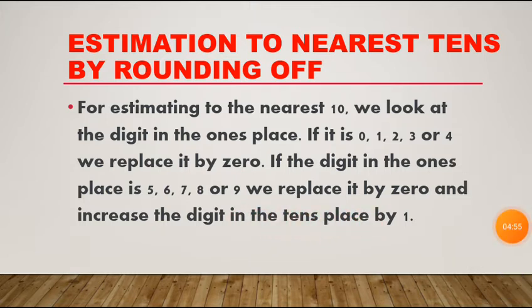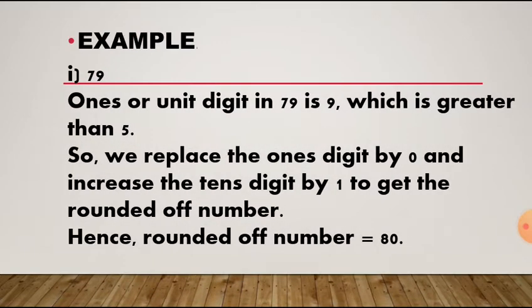and then increase the digit in the tens place by 1. Okay, children. It will be clear after checking one example question. Children, look at this question. It is 79. You have to round off the number 79 to the nearest tens. So, according to the rule, you have to check the digit at ones place.